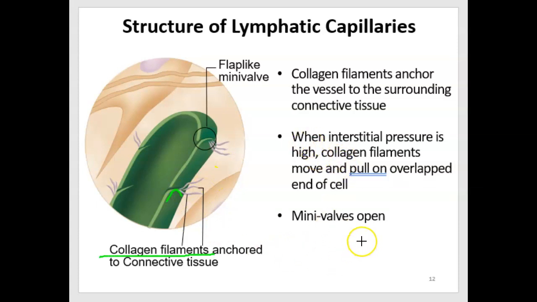When interstitial pressure is high, when there's a lot of fluid outside the capillary, these collagen filaments move and pull on the overlapped cell, bringing it outward, and so that opens the valves. But if fluid were to press in this direction, it would have no effect. It wouldn't pull the valves open. I mean, some fluid might squeeze through, of course. There's no tight junctions.